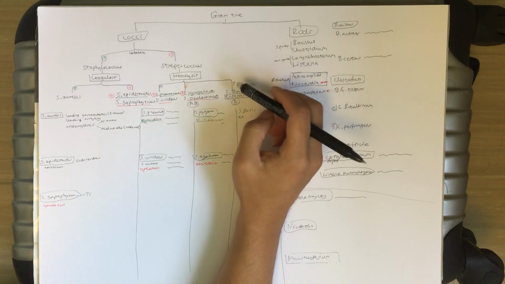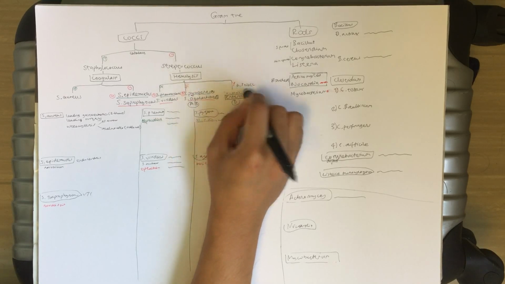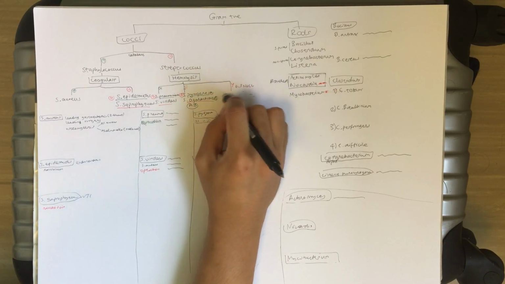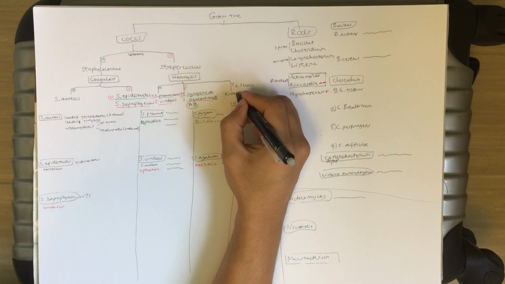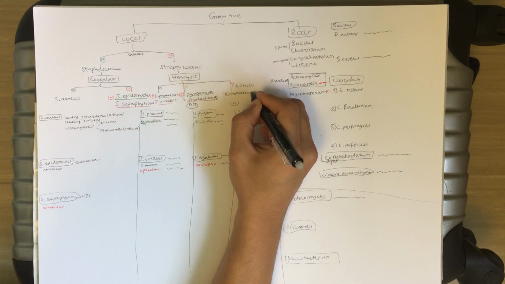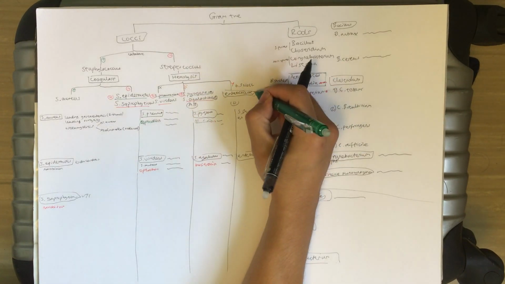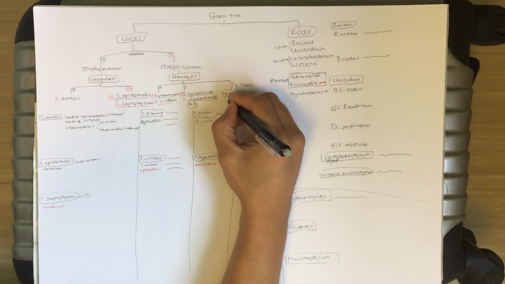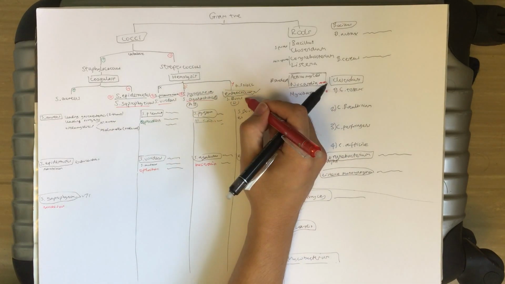So enterococci, I'll put that in green, can grow, and S. bovis cannot, so that's red.